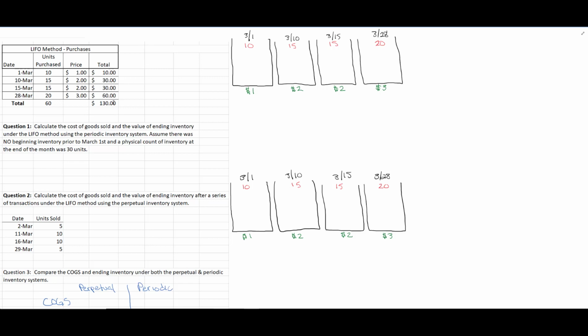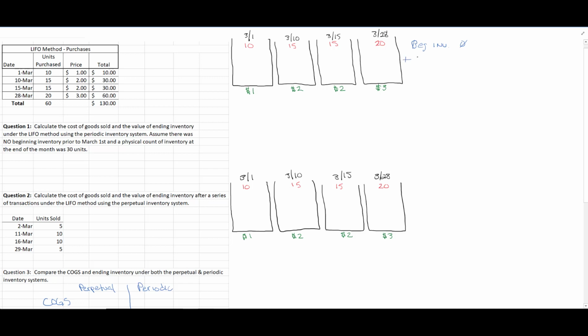Calculate the cost of goods sold and the value of ending inventory under the LIFO method using the periodic inventory system. Assume there was no beginning inventory prior to March 1st and a physical count of inventory at the end of the month was 30 units. In order to figure out our cost of goods sold, we have to start with our beginning inventory, which is 0.